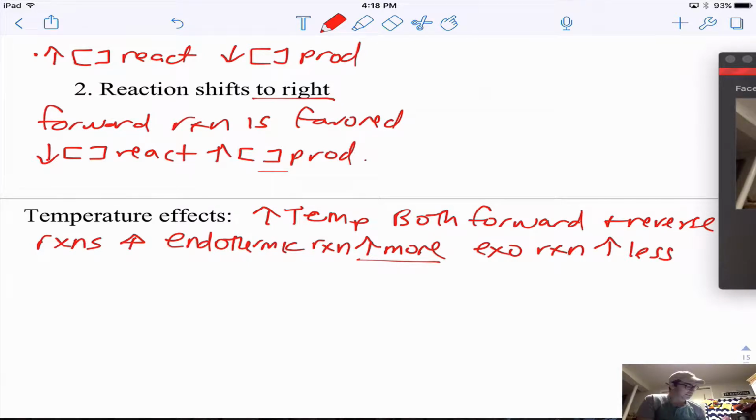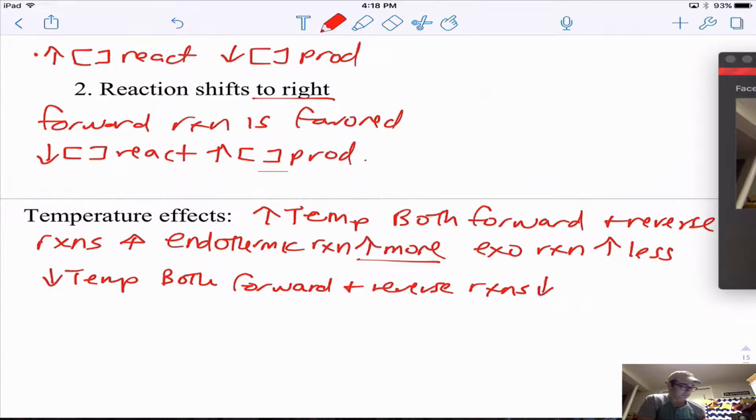If we decrease the temperature, then both the forward and reverse reactions decrease. But now the endo decreases more, and the exo decreases less.